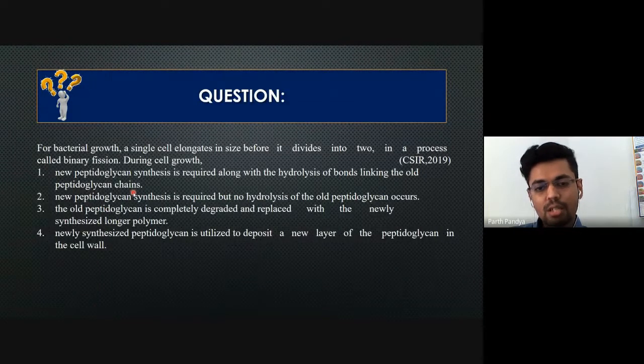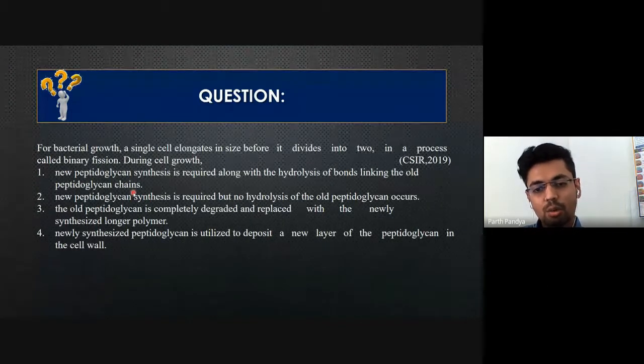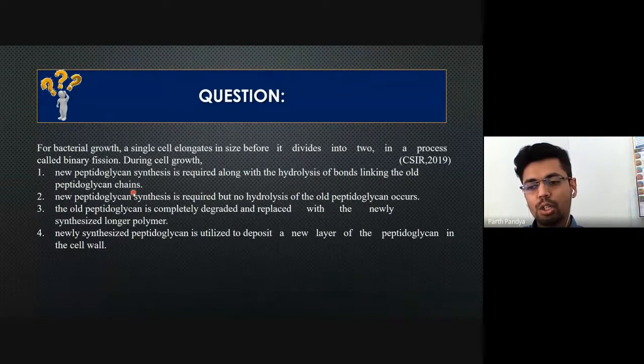The second says new peptidoglycan synthesis is required, but no hydrolysis of old peptidoglycan occurs. The third says the old peptidoglycan is completely degraded and replaced with a newly synthesized longer polymer. The fourth says newly synthesized peptidoglycan is used to deposit a new layer of peptidoglycan in the cell wall.